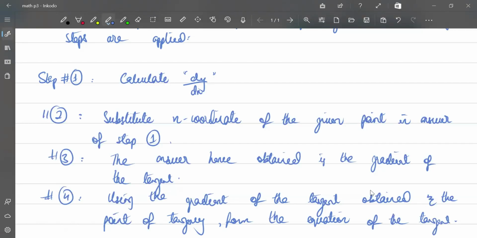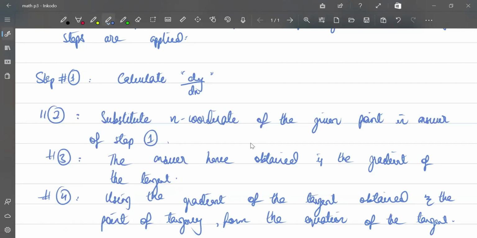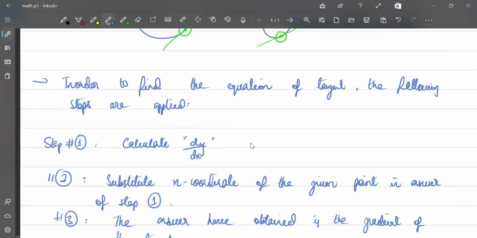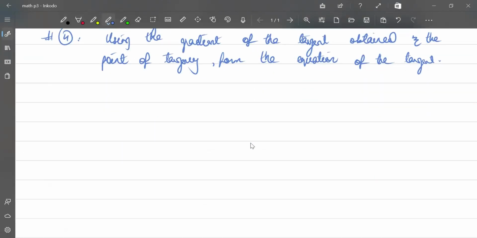Pretty simple steps which you might have already done in AS. So let's just do a question applying these concepts.